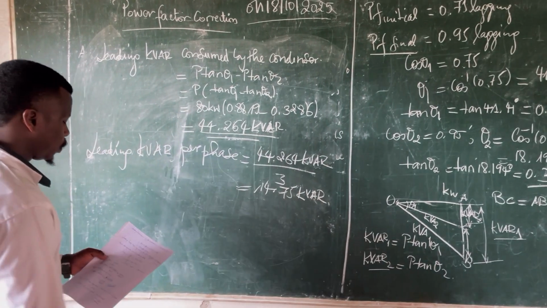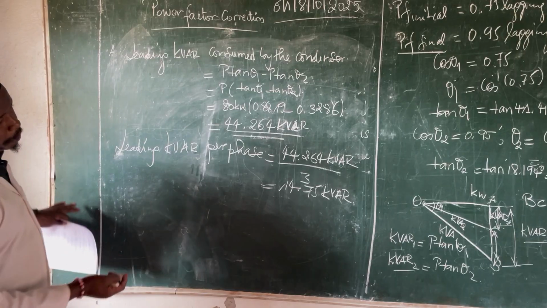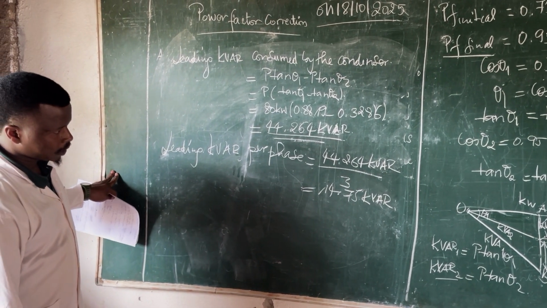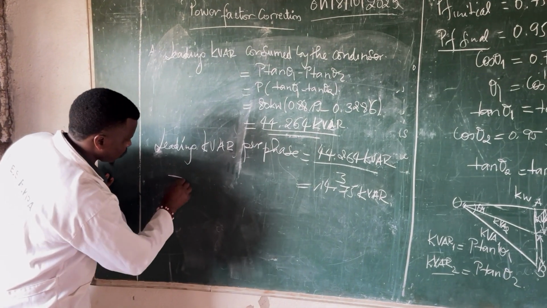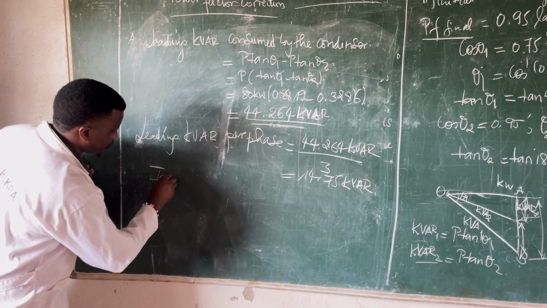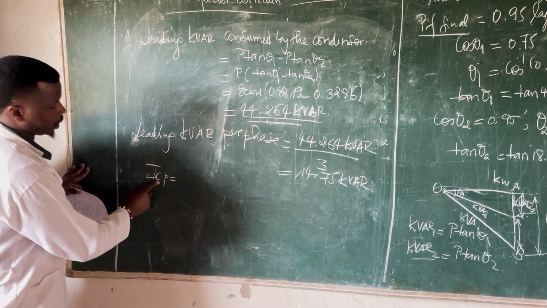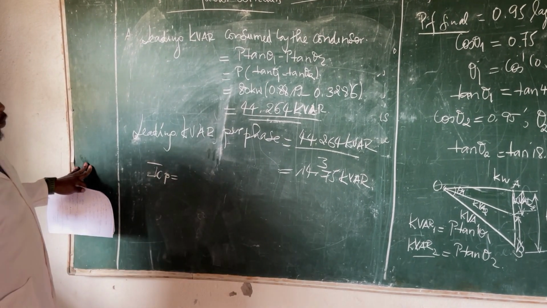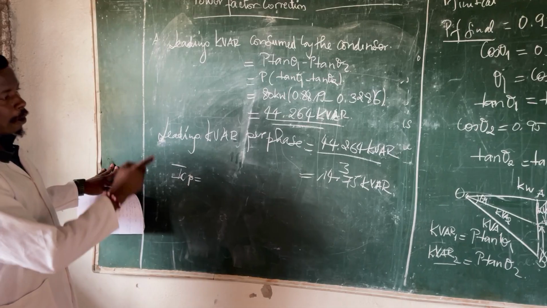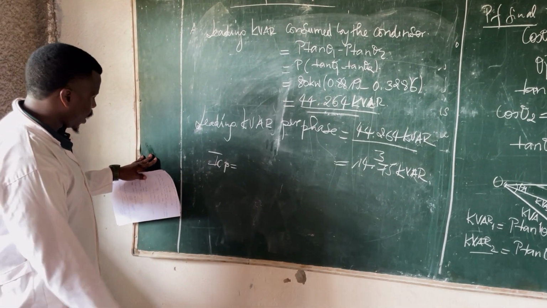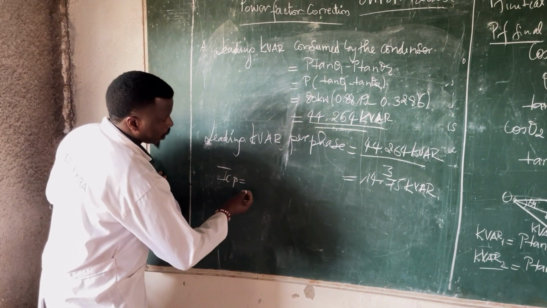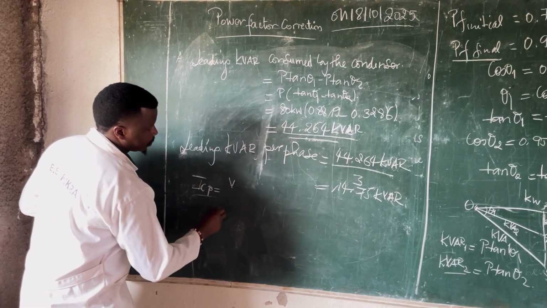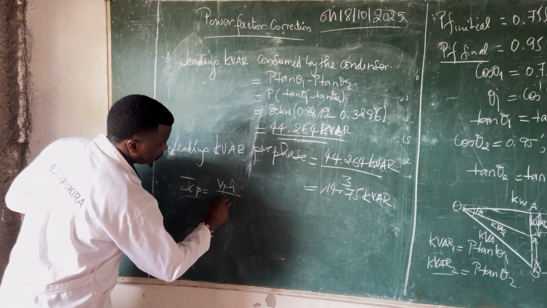Now, what we need to know, for this to be connected together, we have to search the first current. I capacitor per phase will be the current drawn by the condenser. We have to remember the current will be equal to V per phase over XC.